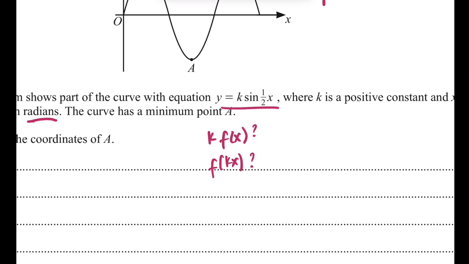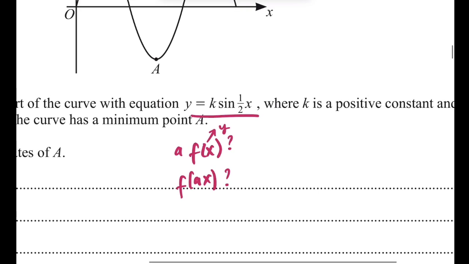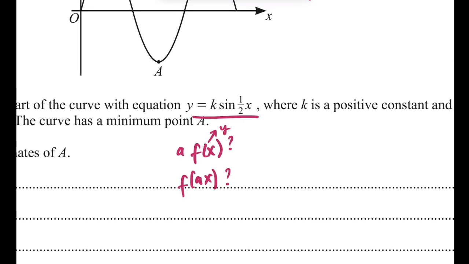Remember, f(x) itself is y. So if we times f(x) by k, in this case, k itself is here. Let me just change this to a, so it doesn't make any confusion. So a here, we times the y by a. So if we times y by a, we make the y value higher.